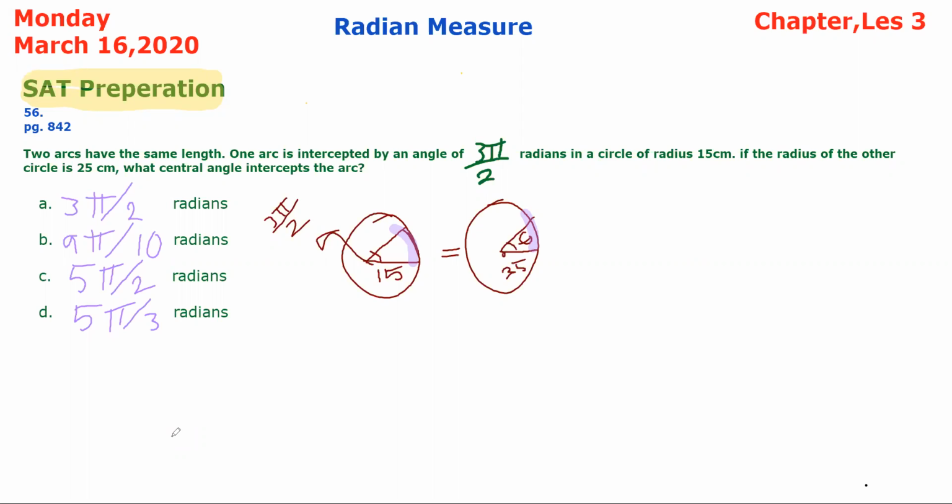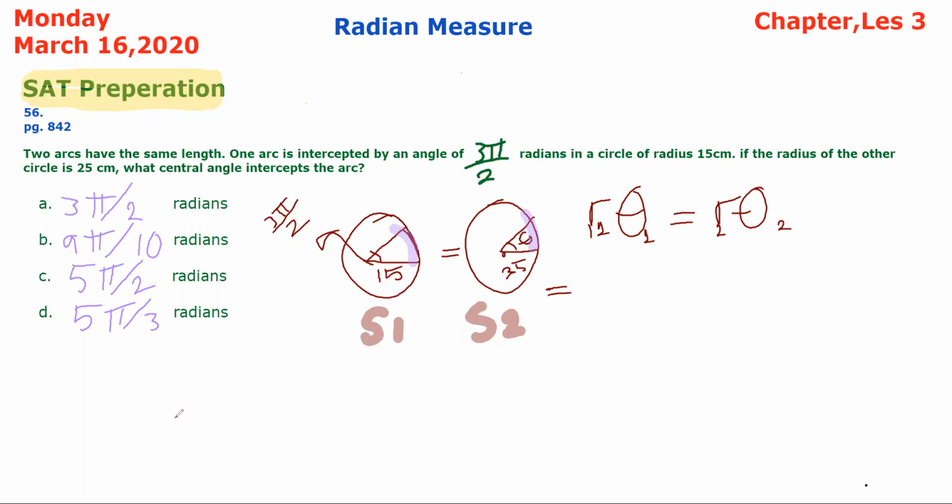Since these two arcs have the same length, here we have S1, here we have S2. So S1 is r times theta, which equals r times theta. Radius 1, theta 1, radius 2, theta 2.